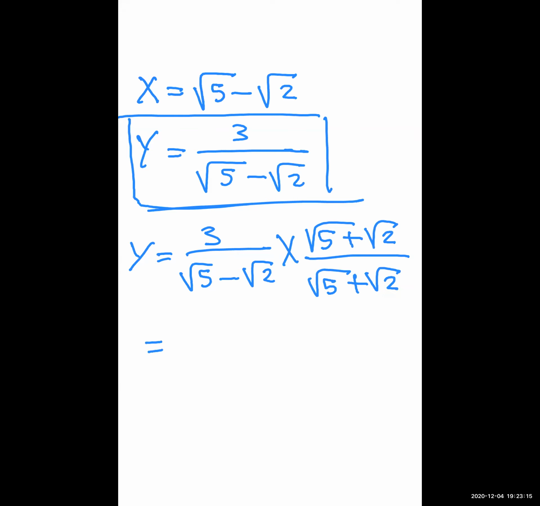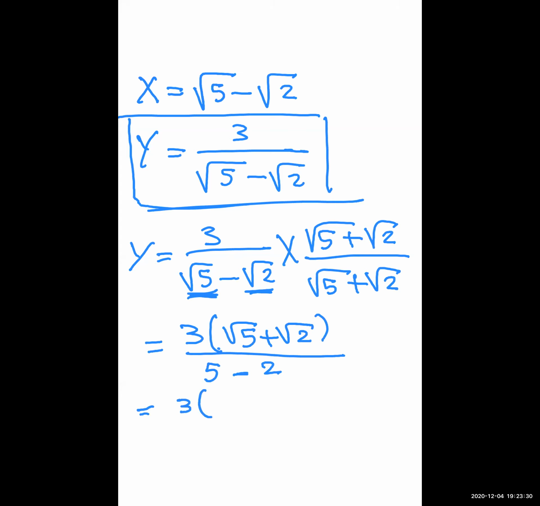Now, guys, y will equal 3 times square root of 5 plus square root of 2 over first term squared, 5, minus second term squared, 2. So this means it will equal 3 times the square root of 5 plus the square root of 2 over 3.